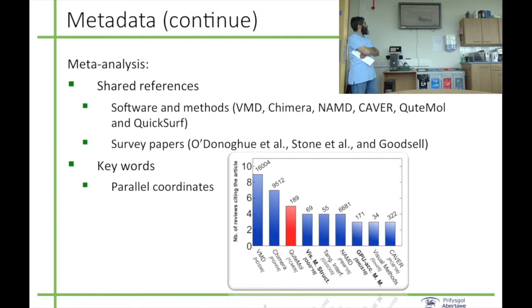And then on the y-axis, we have two y-axes here. Yeah, that's what I'm confused about. Yes, it is very confusing. The number of reviews or survey papers in our SOS citing that article. That's on the actual axis.